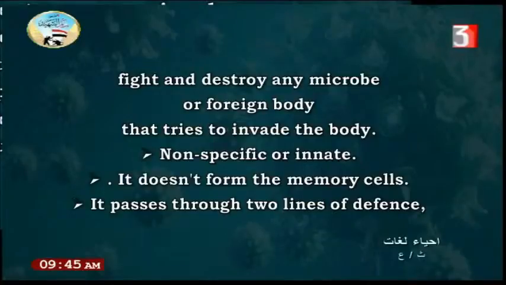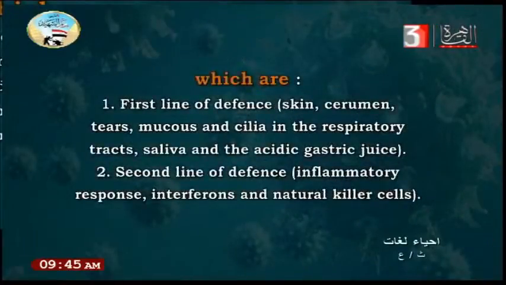It passes through two lines of defense. The first line of defense is skin, cerumen, tears, mucus, cilia inside the respiratory tract, saliva in your mouth, and acidic gastric juice, meaning the juices secreted from the stomach.